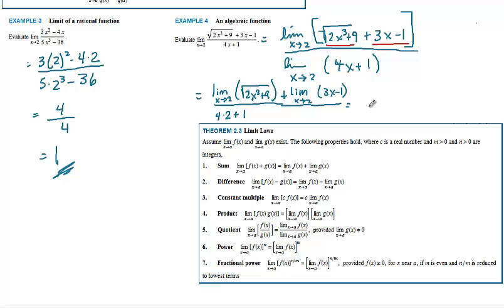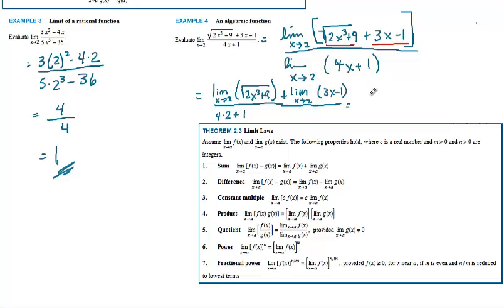So I can plug into each using, now for this one, I was using theorem 2.2, 2.4 or 2.2, whichever one, because you can say that you're using either. And then for this side over here with the fractional power, I used law 7, and then I used theorem 2.4 because what's left is a polynomial once you raise it to a power.